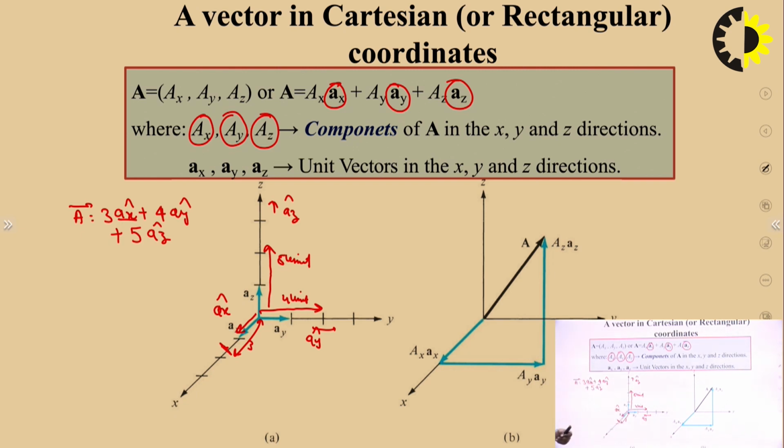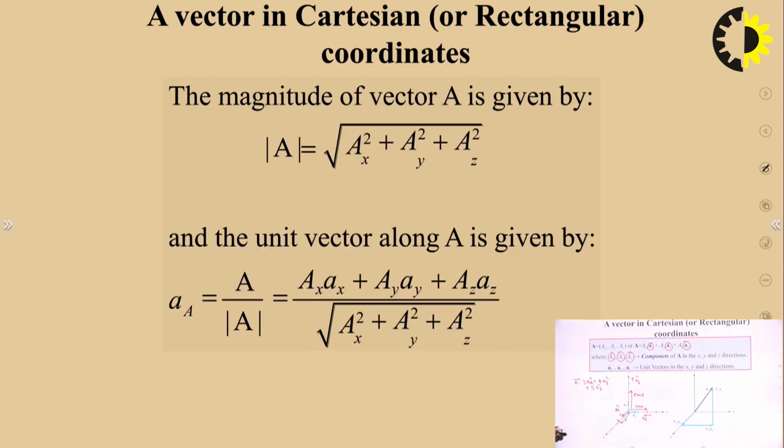So the magnitude in the y direction is 4 and in the z direction is 5 units. So the whole vector A is equal to 3ax plus 4ay plus 5az. This is the representation of vector A in the Cartesian coordinate system.